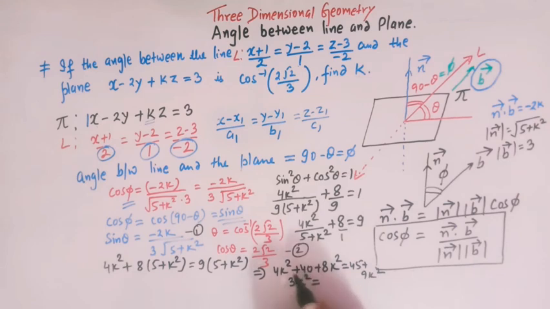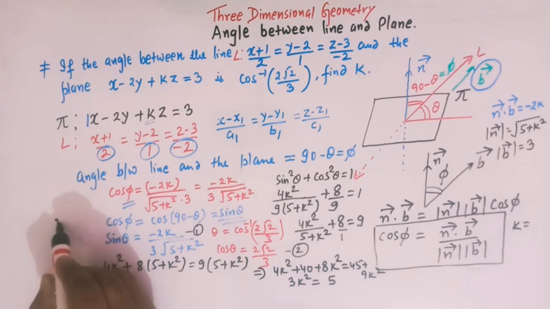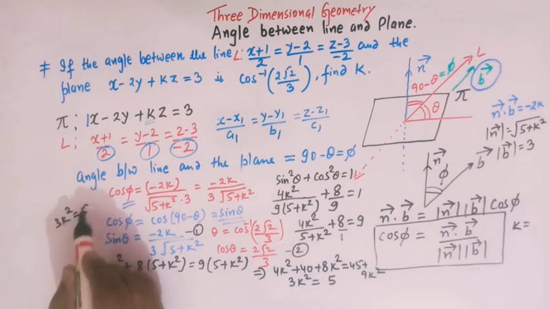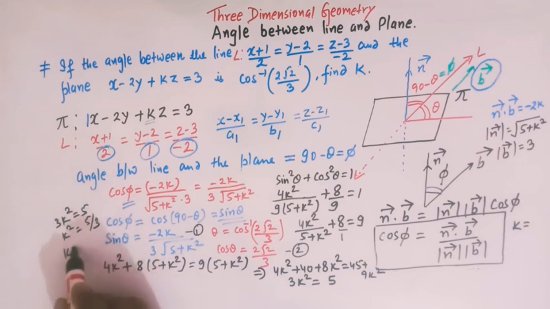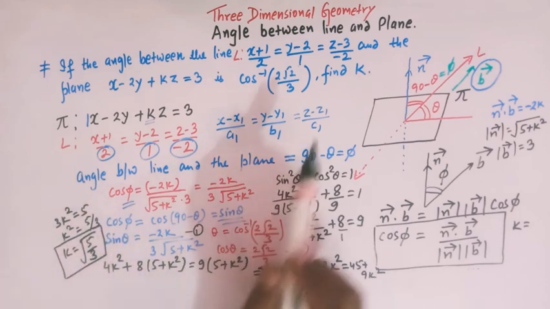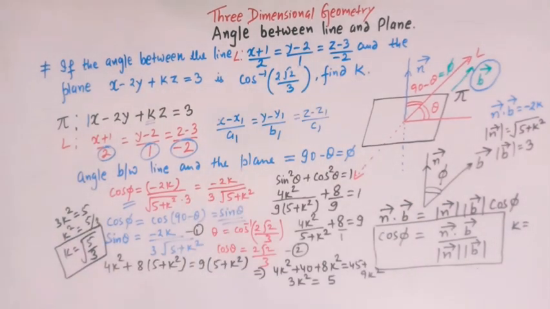And if we take 40 to this side, we have 45 minus 40, that is 5, right? So now 3k square is equal to 5, and k square is equal to 5 over 3. So k is square root of 5 over 3, right? So this is the required value of k in this problem.